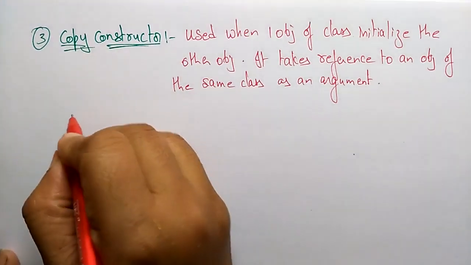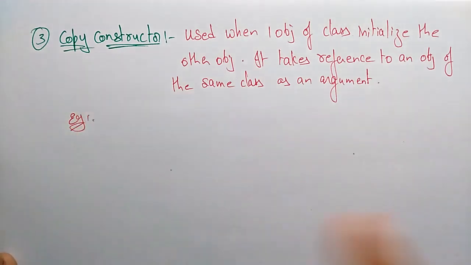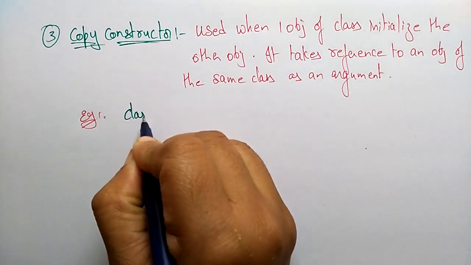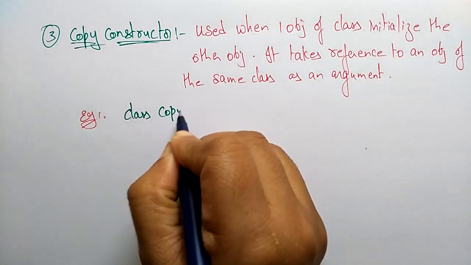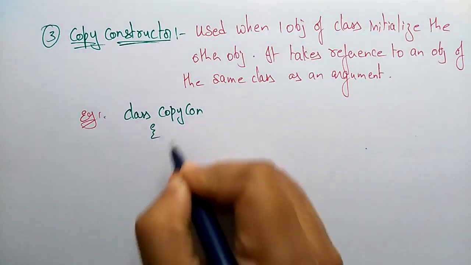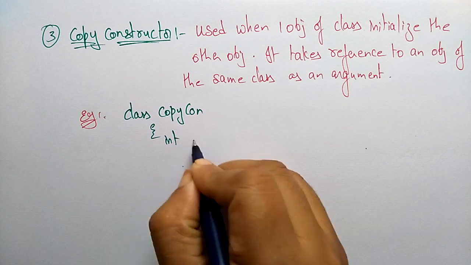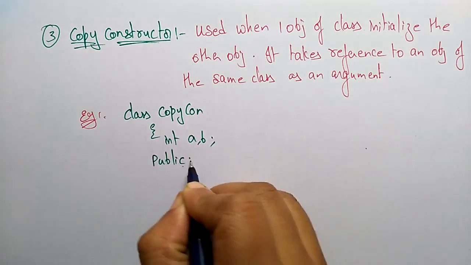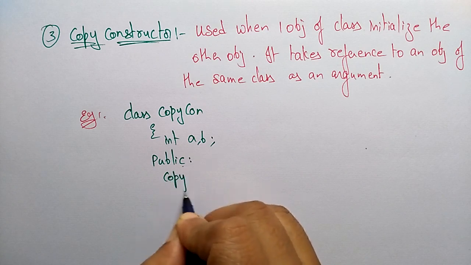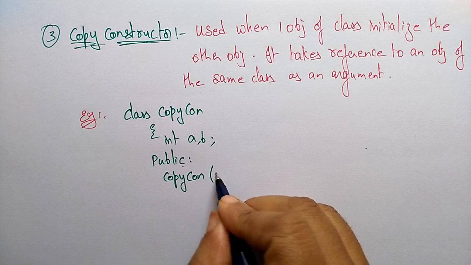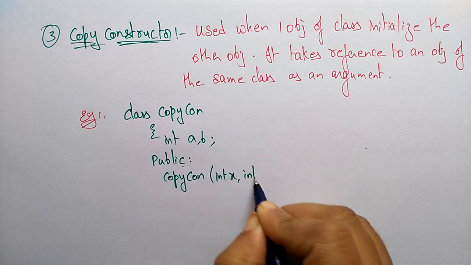So let us see the example of the copy constructor. Class copycon, copycon is the class name I am taking. int a, b. Public. Now the copycon constructor with arguments int x, int y.